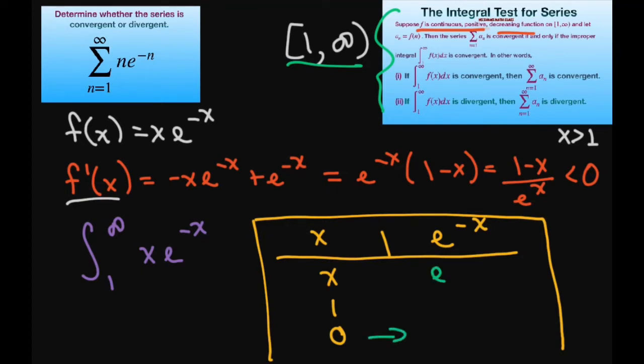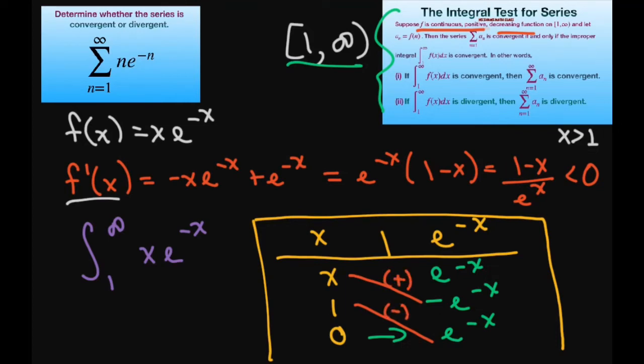So you copy down e to the power of negative x. So you get negative e to the negative x, and then this is going to be e to the negative x power. Then you draw these lines. You could also do integration by parts if you find that easier. So this is going to be plus, minus.